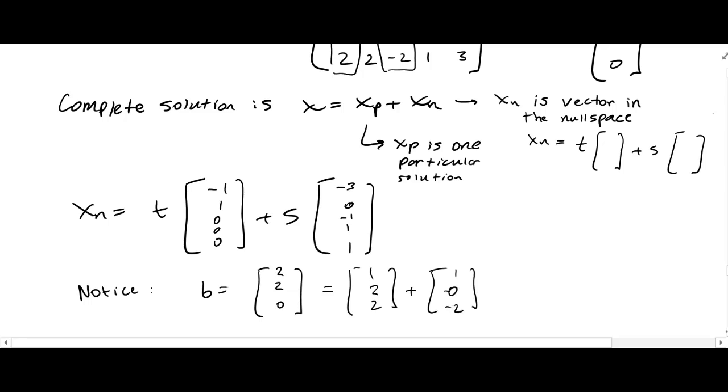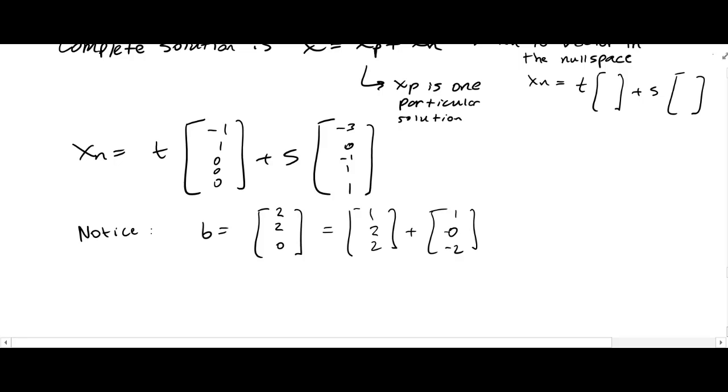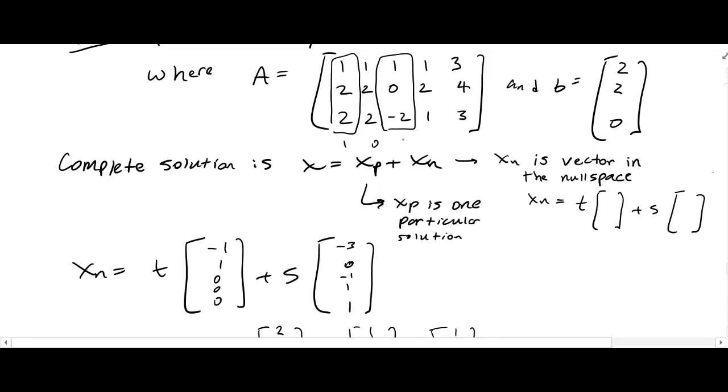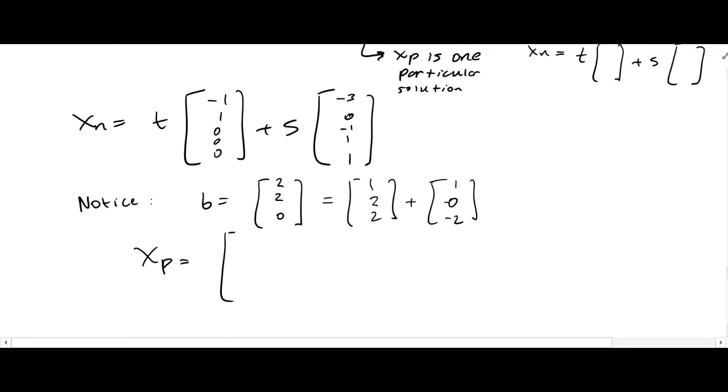So that means that a particular solution is 1, 0, 1, 0, 0, because I'm using 1 of the first column, 1 of the third column, and 0 of the others. So a particular solution is 1, 0, 1, 0, 0. So that works. But there's obviously infinitely many choices.